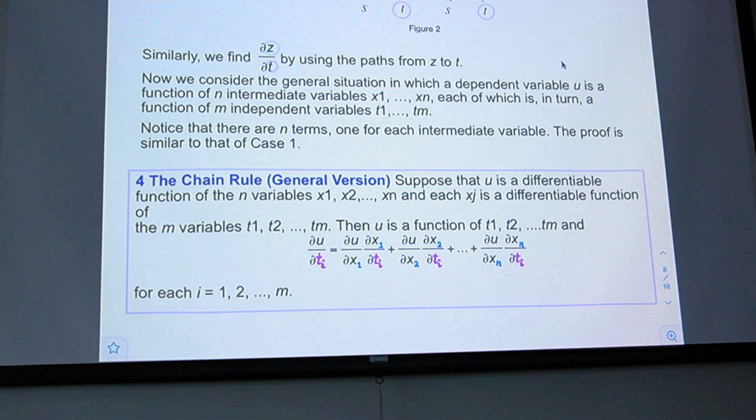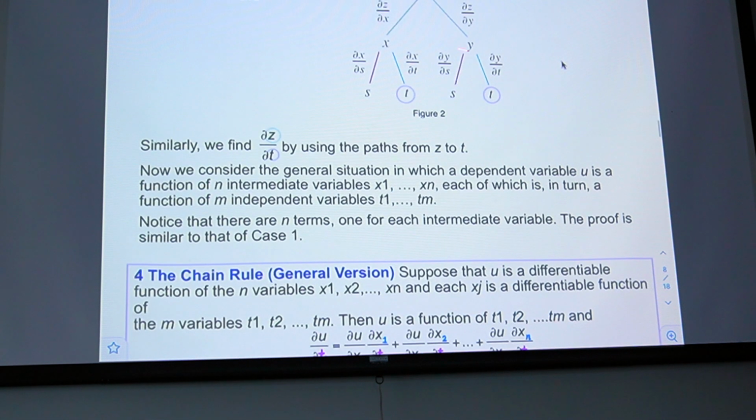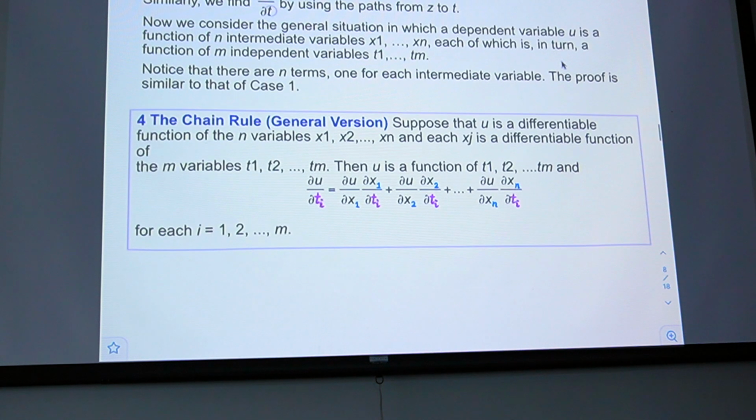So try to imagine the tree: you have n intermediate variables and m independent variables. Then what will be the partial derivative? Here's a general version.